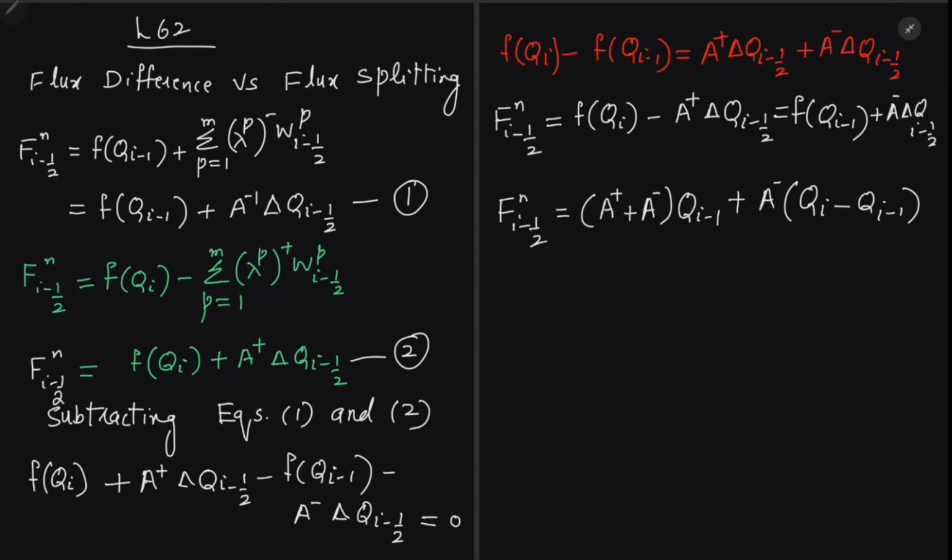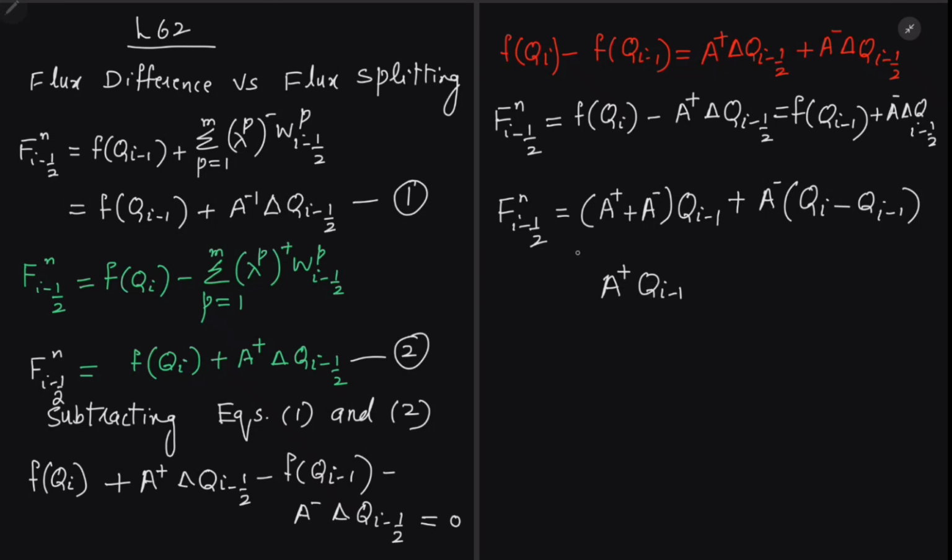Okay, so from here, after some cancellation, we have a plus qi minus 1, and this will be cancelled out.